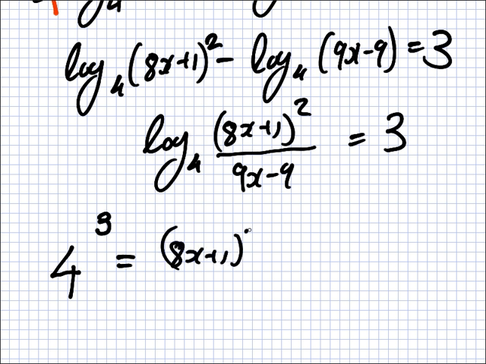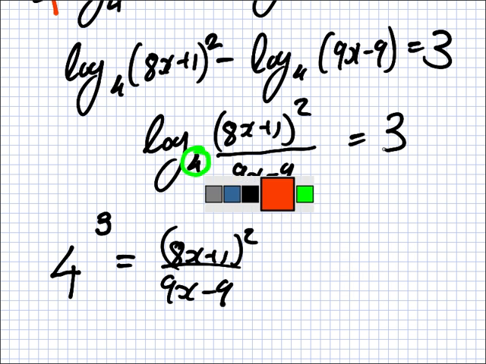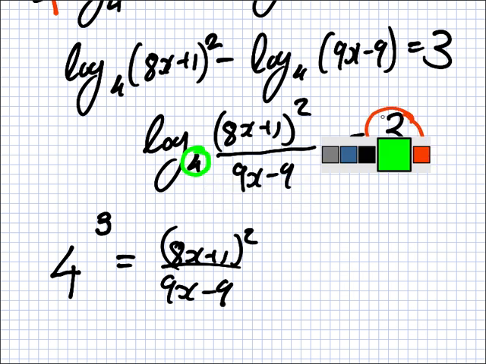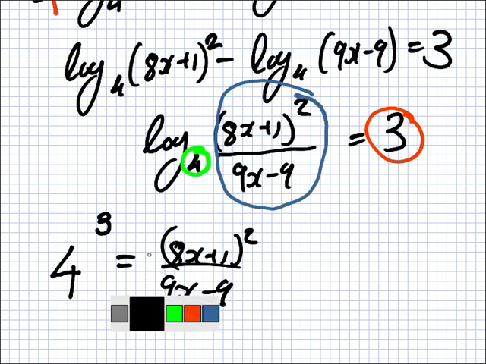Do you remember we did this on the side earlier? Like when we said log 2 of 8 equals 3, we could say 2 to the power of 3 equals 8. So if I look here, I can say 4 to the power of 3 equals this. That's what I have here. Now the log is gone.